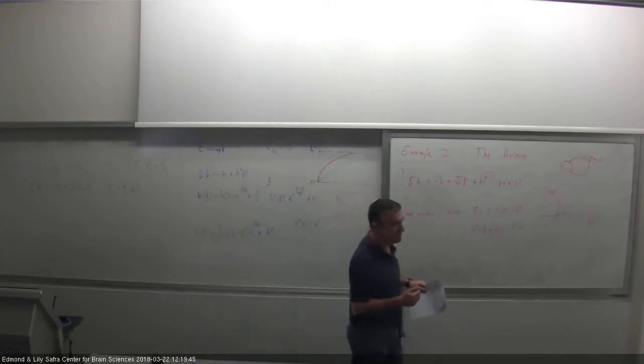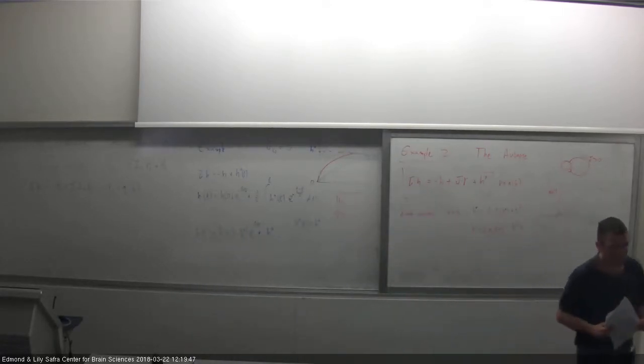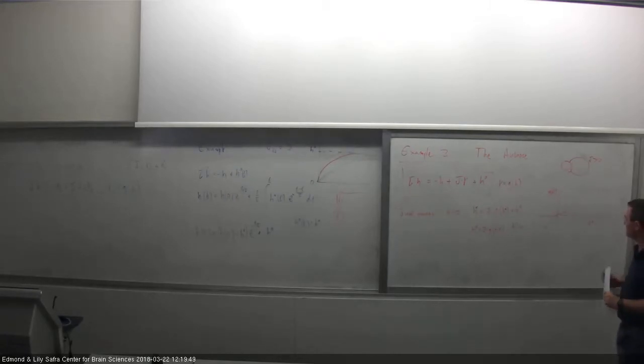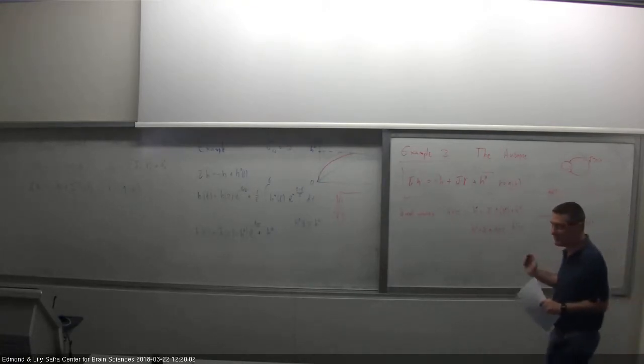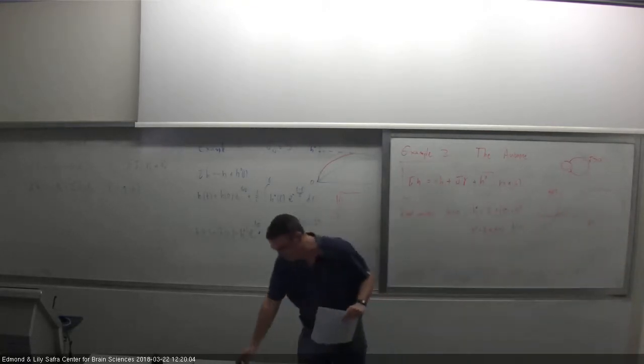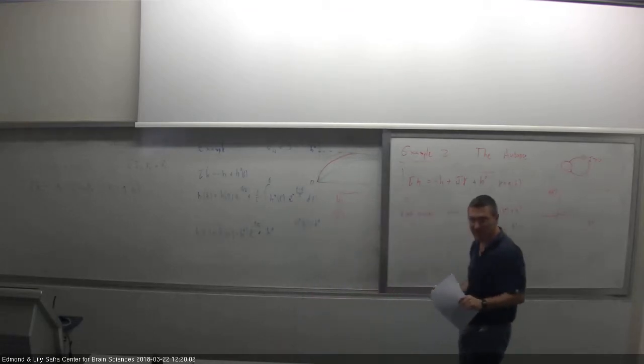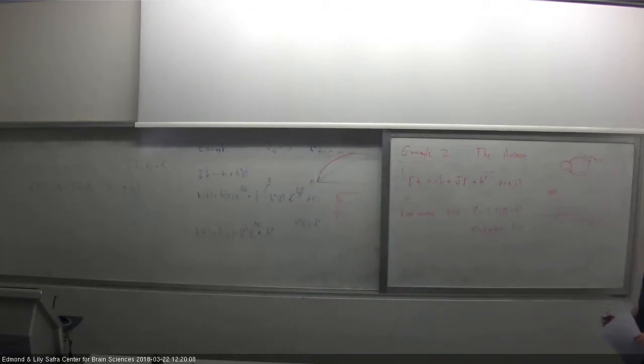Well, basically, what J will do is scale up the sigmoidal function.